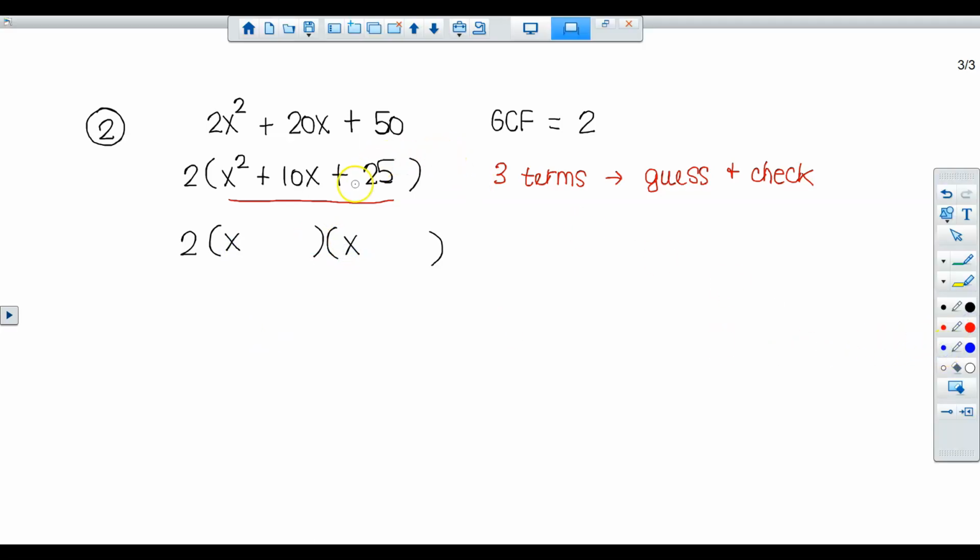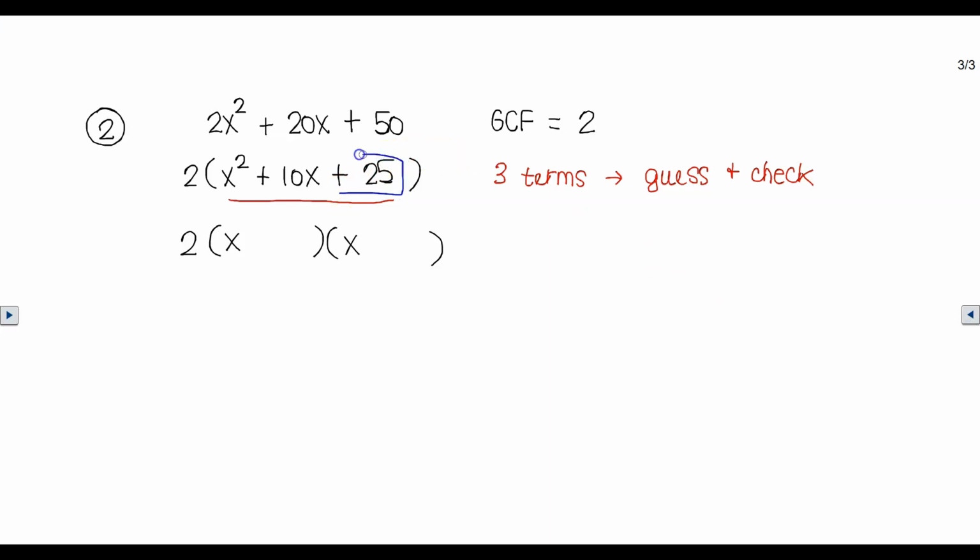All right, now I'm going to come out here to the other end, and I'm guessing for positive 25. So I know that's 1 times 25, and I know that's 5 times 5. Since this is 1x squared, I know that I can look at this and say, okay, the 5s seem most likely to get me that 10 in the middle. So I'm going to try a positive 5 here and a positive 5 here.